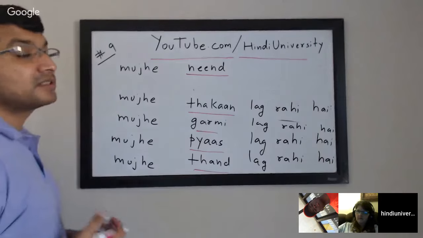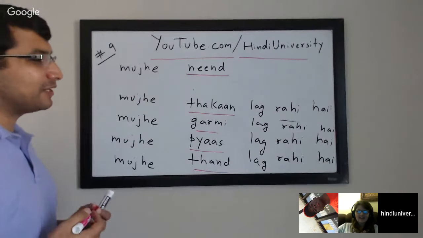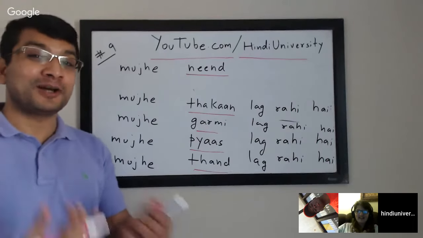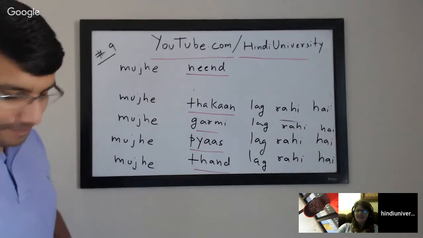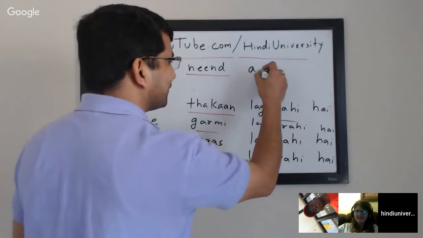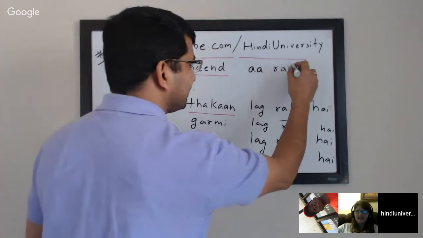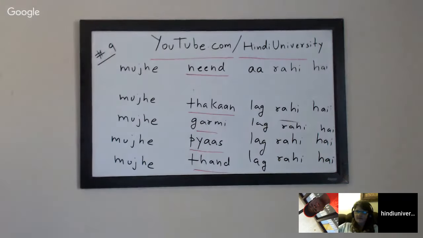Sleep is coming to me, not lagna. You're not feeling it. It's coming to you. Coming is आना. Very good, right? So you'll say मुझे नींद आ रही है. Exactly right, Selvin and Carolina, right? So मुझे नींद आ रही है.